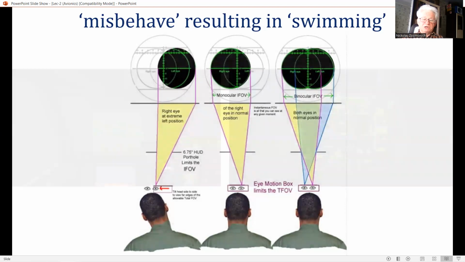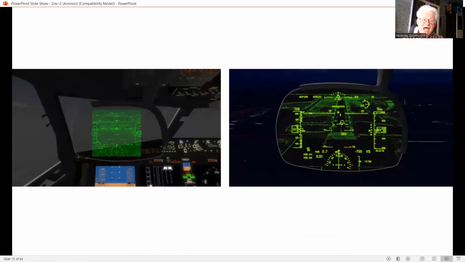A very important parameter with any HUD is the field of view, which should be as large as possible within the severe space constraints imposed by the cockpit geometry. Field of view is often abbreviated as FOV.